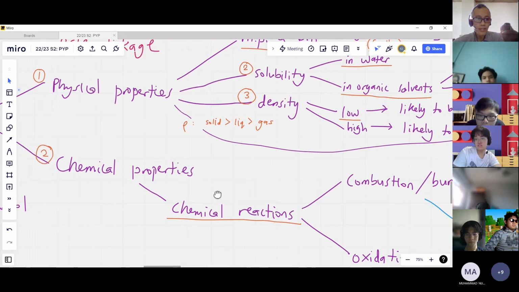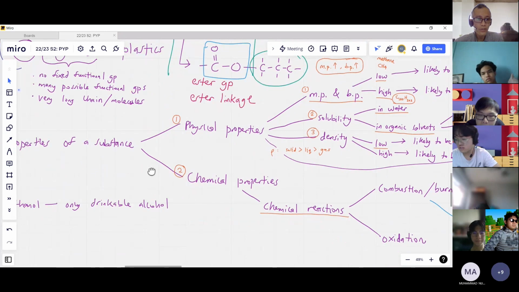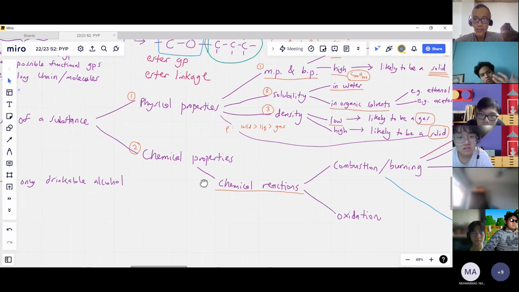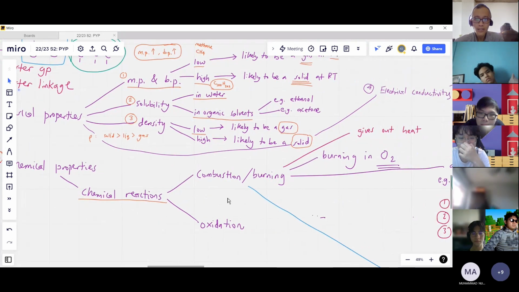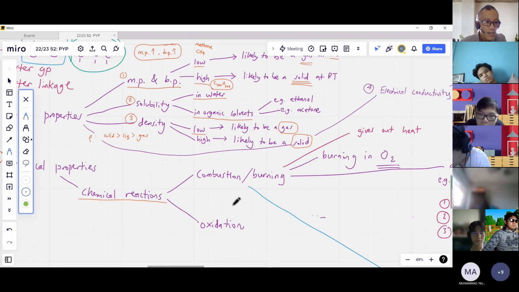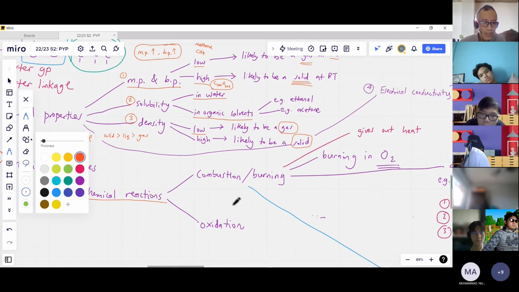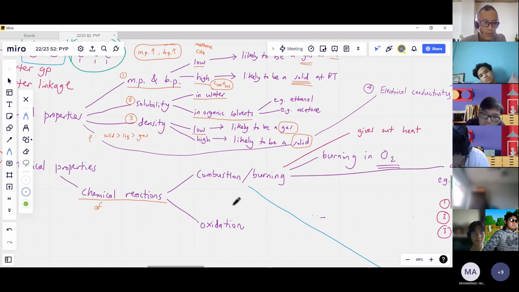So let's say for the example of alcohol. Yeah, let me just add it in. Here I'm referring to chemical reactions of alcohols. This is straight from your notes.